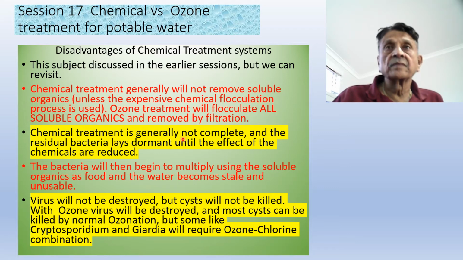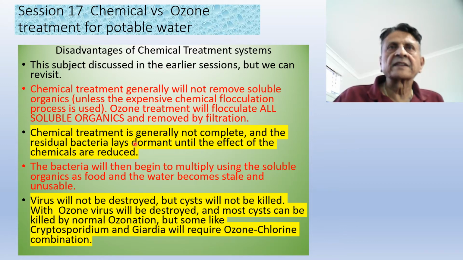Also, killing of the bacteria is also not complete. About 99.99% of the bacteria is eliminated by chlorine, and the residual 0.01 or 0.001 percentage of the bacteria will lay dormant until the effect of the chemicals, that is chlorine, are reduced.